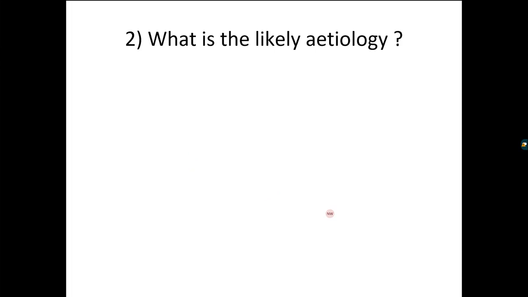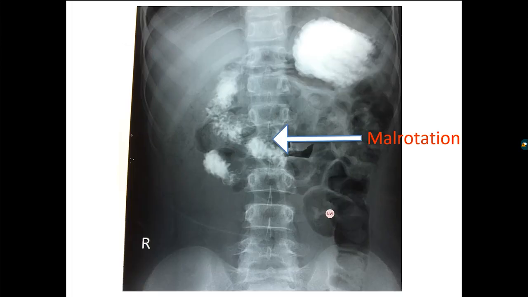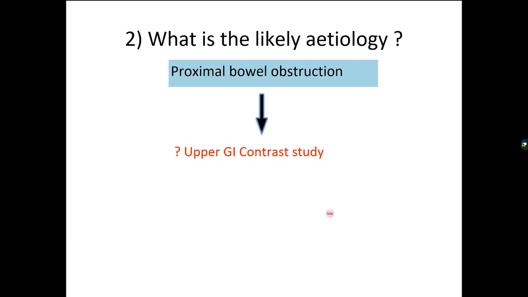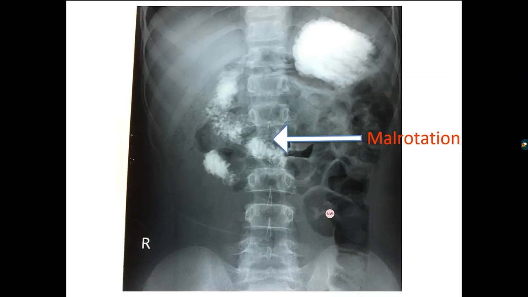Similarly, in the proximal intestinal obstruction group, most conditions will need laparotomy, but if the diagnosis is something like malrotation with volvulus, you cannot even wait for the next day. You need to operate on the baby immediately. Therefore, it's very important to get to the bottom of it and try and identify the exact etiology.